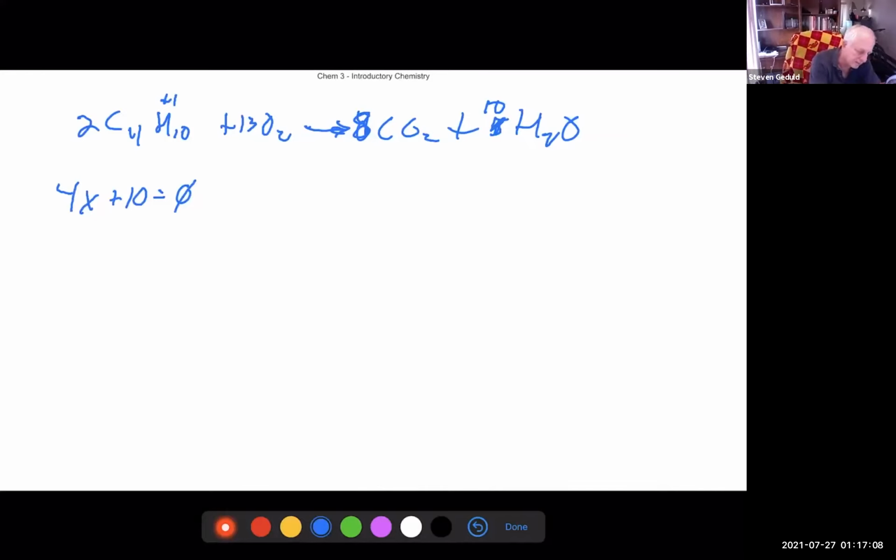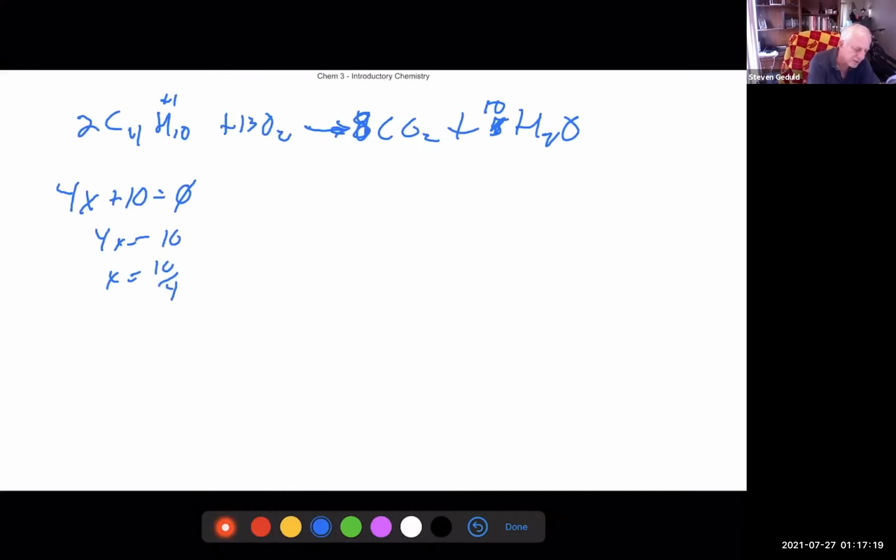So 4x equals negative 10, x equals negative 2.5.